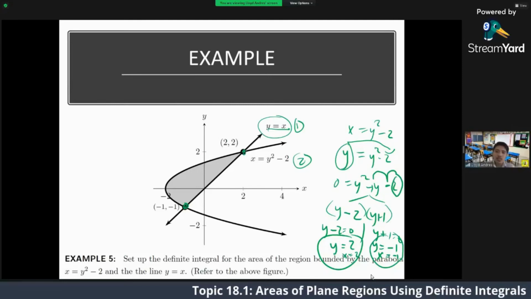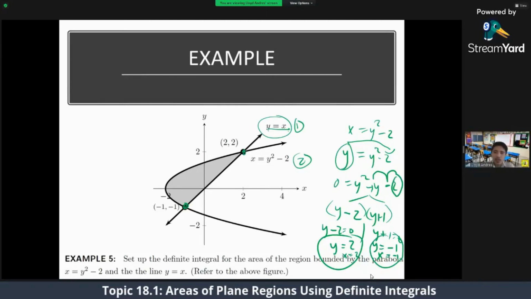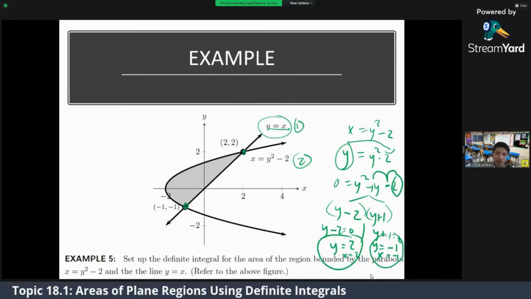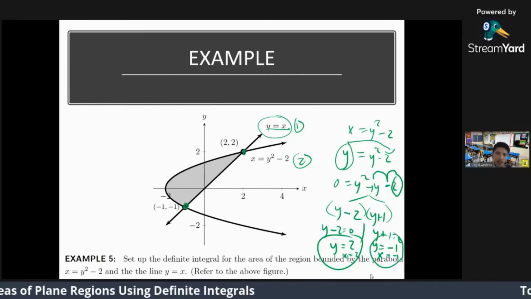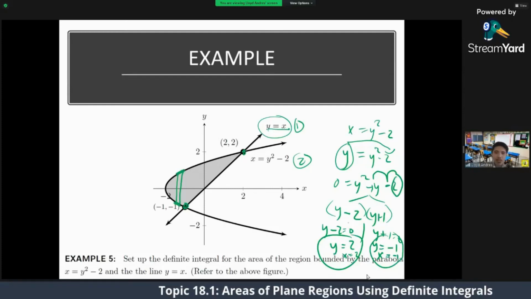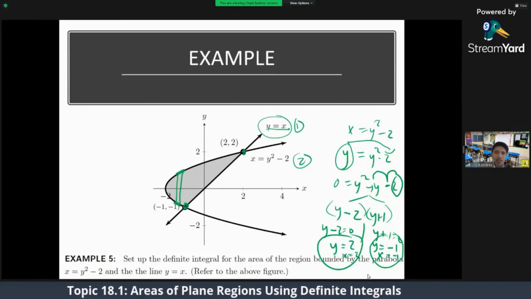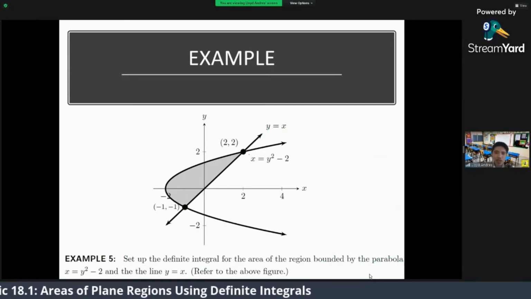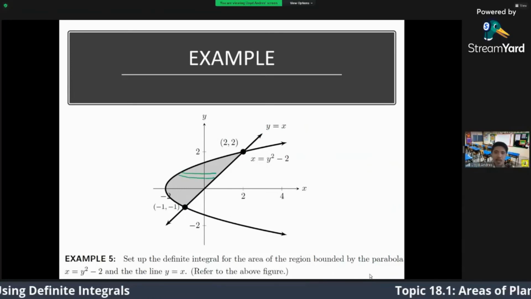Since we now know the intersection points, we have sketched it. But the problem is, if we use a vertical rectangle, the upper function and lower function are not the same in this part. So instead, we will use horizontal rectangles. Meaning, again, horizontal: right function minus left function.